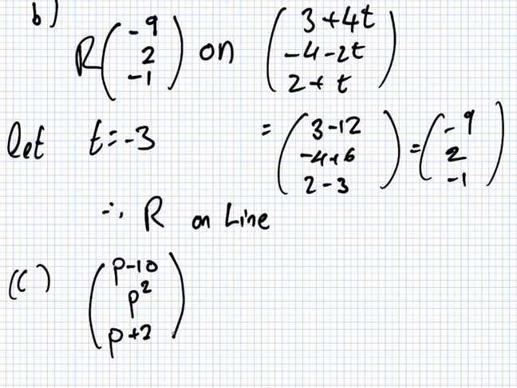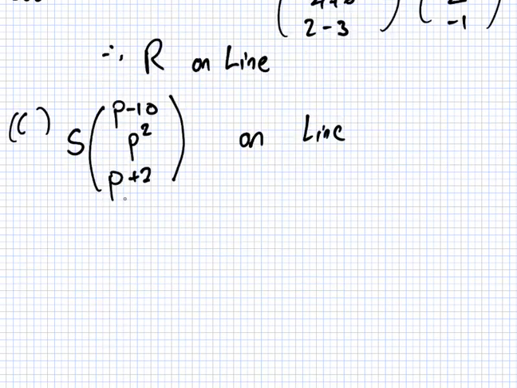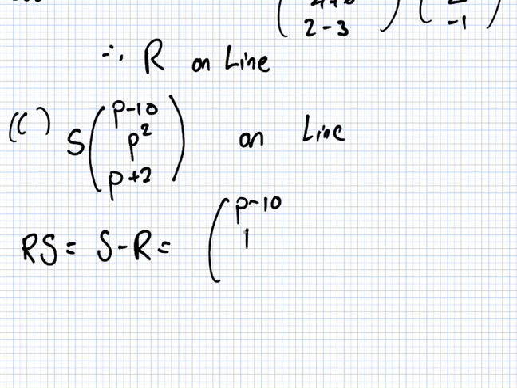So this is on the line, and this is S, and we would like to know what OR-S is. That's not so bad, because OR-S is just S minus OR, and we have our S, p minus 10, p squared, p plus 2. Can you give me back the OR? What was it?